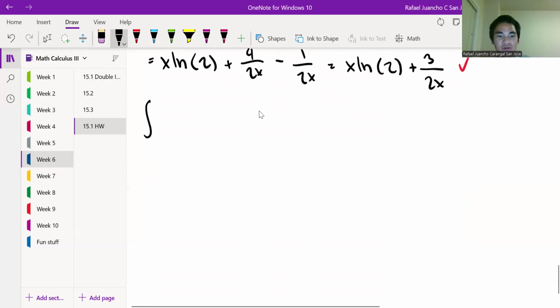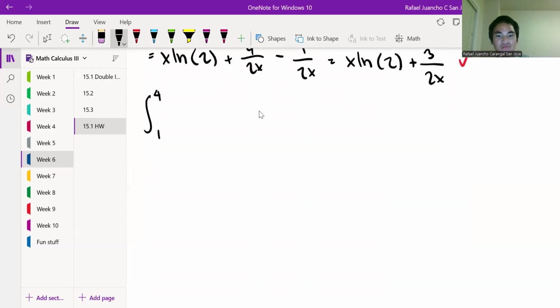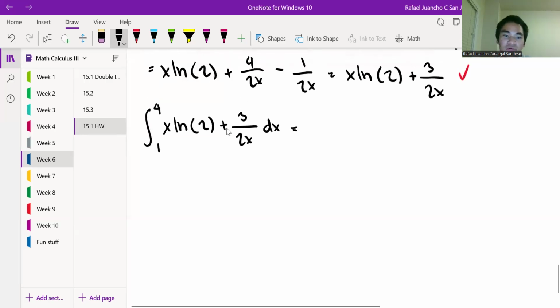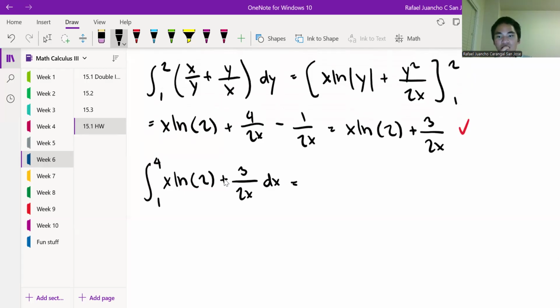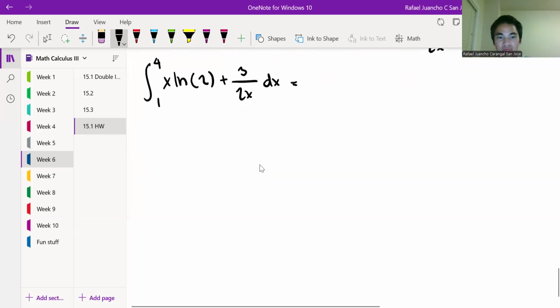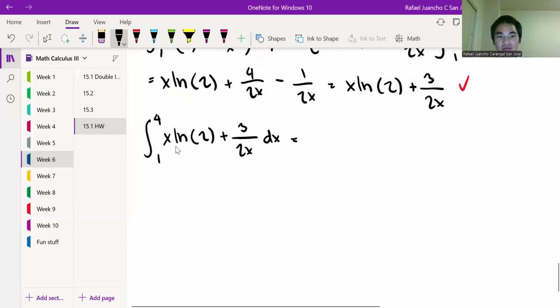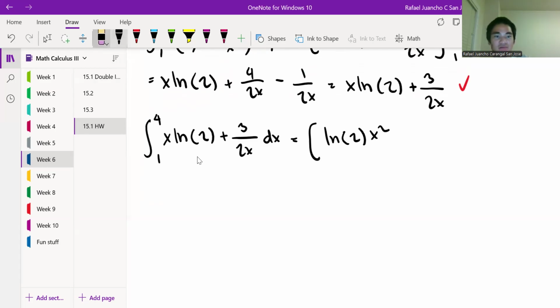So this is 1 all the way to 4 here. Now what is this thing? I could do it per term. So here, if I look at x ln 2, actually this is simple. This is ln 2, because ln 2 is a number. Natural log of 2, x squared divided by 2.